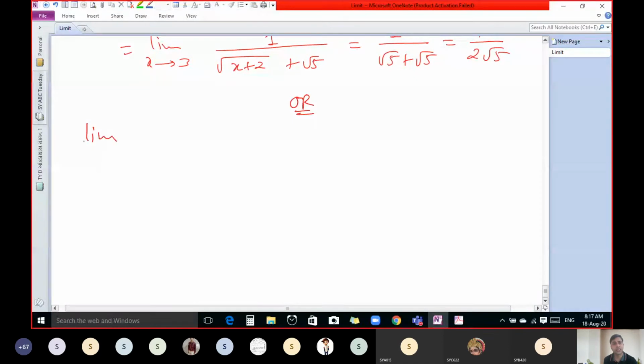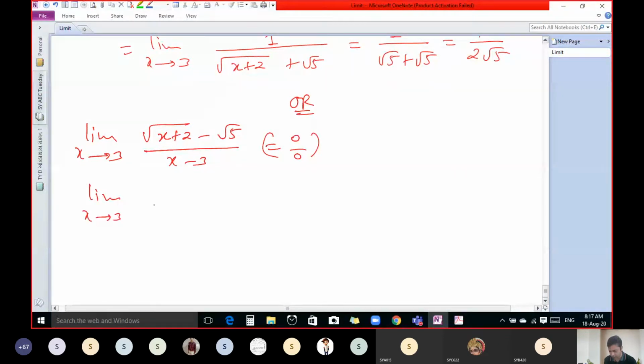The question: limit x tends to 3, root x plus 2 minus root 5 upon x minus 3. We know that we have answer 0 by 0. So whenever this type of question has a root in either numerator or denominator, what we have to do?